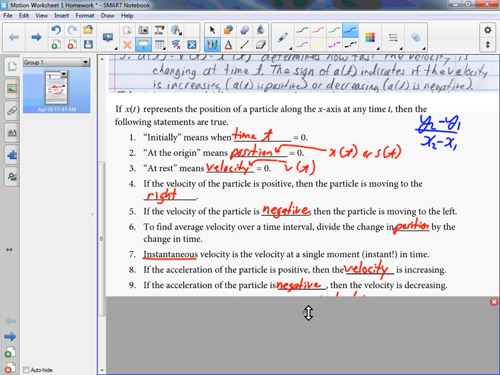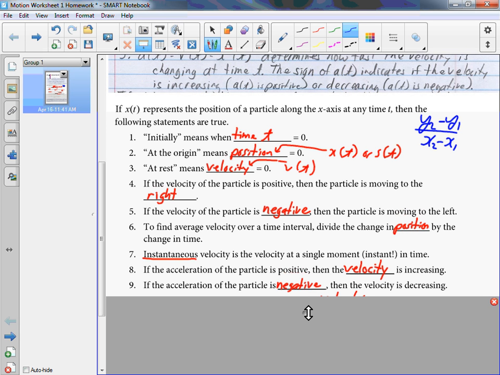Negative, because of that same relation between the function and its derivative. Number 10. In order for a particle to change direction, what has to change, signs?